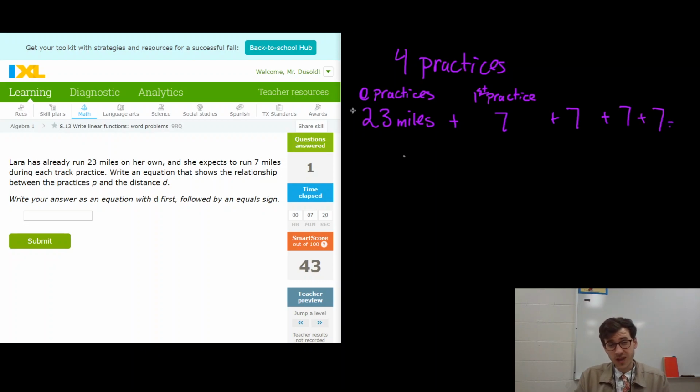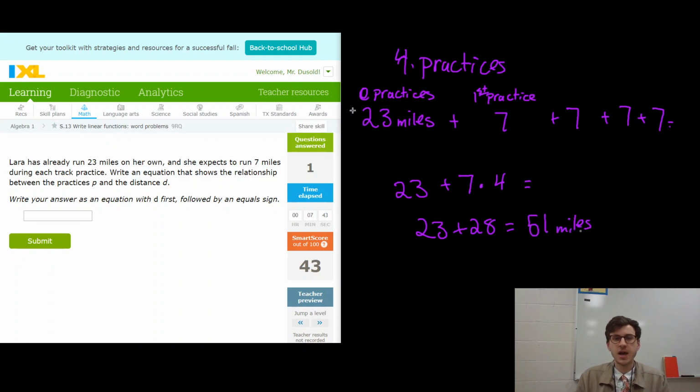So just like the last one, right? We have 23, how many she's run, plus the number right here, she's run 7 times the number of practices, 4, right? I have 4 7s, so that's 7 times 4. That would be 23 plus 28. Or we would say if she goes to 4 practices, then she will have run 51 miles. That's a lot of miles.